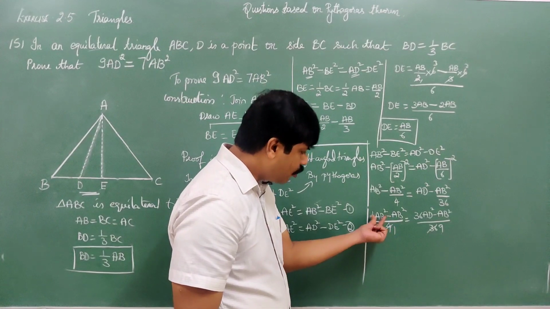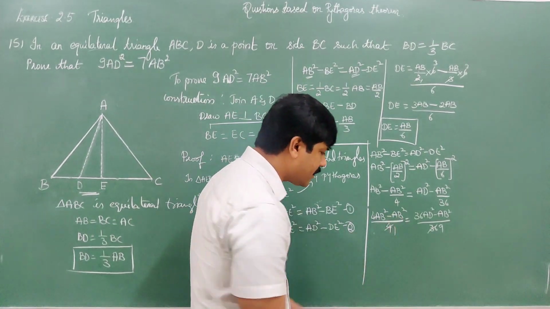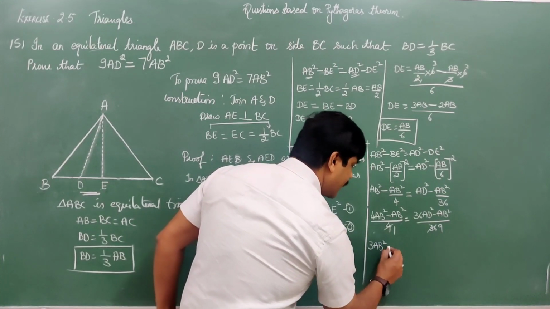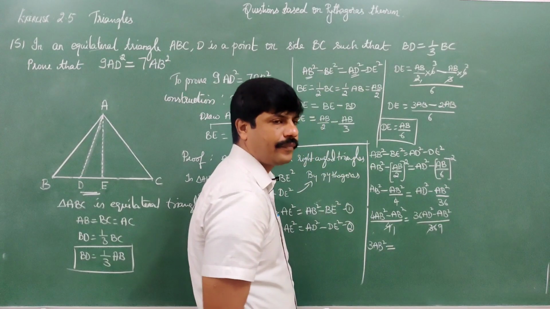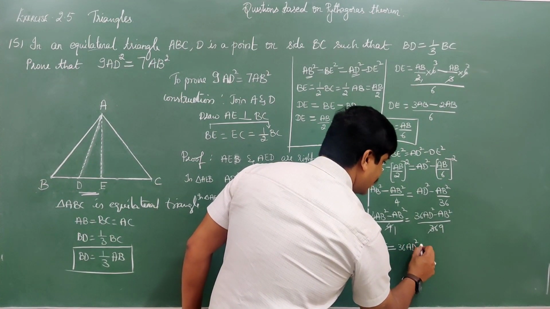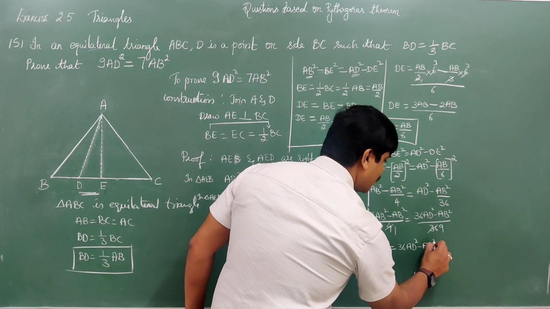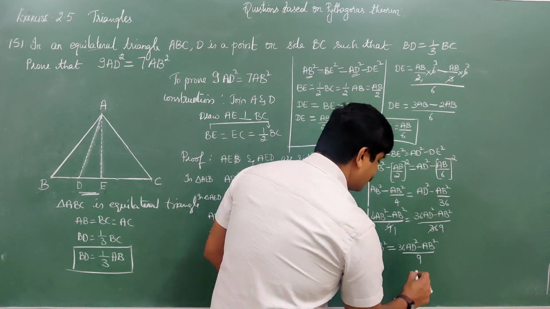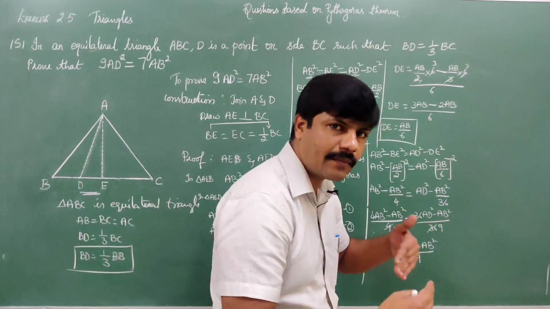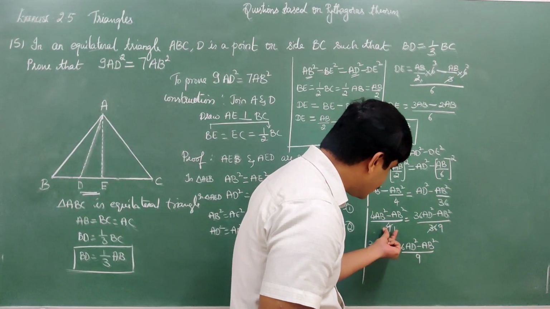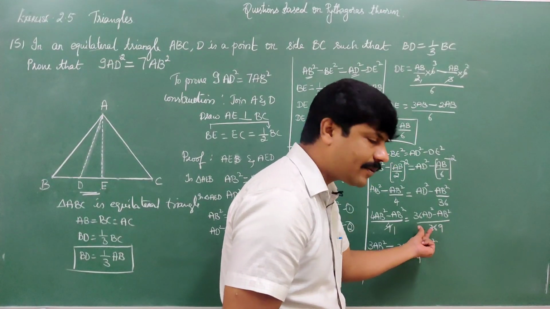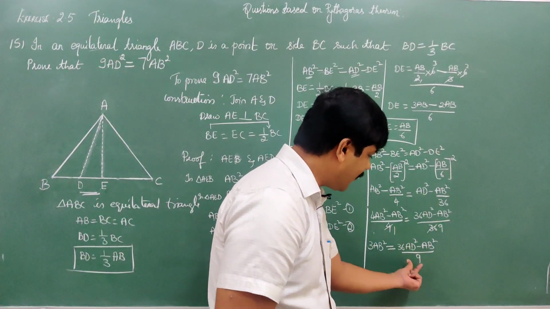Okay. 4AB square minus 1AB square is 3AB square. 3AB square is equal to 36 AD square minus AB square by 9, because 4 and 36 are multiples of 4 itself, 4 ones are 4, 4 nines are 36. After dividing by 4 we have got 9 here.